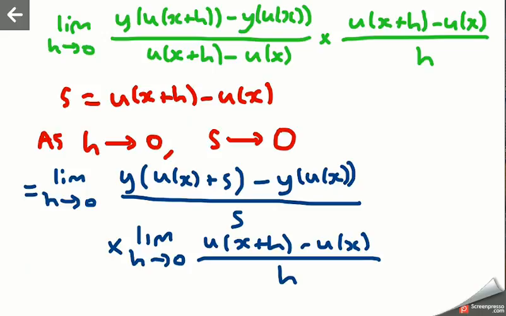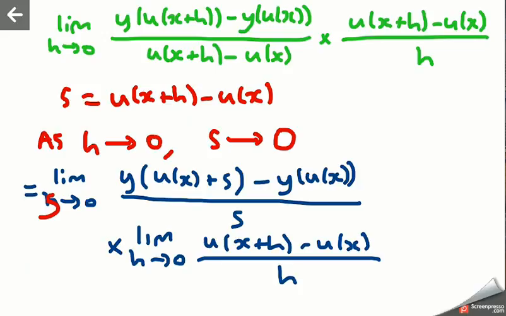Well, finally, we're going to use our last assumption. As h gets closer and closer to 0, this s gets closer and closer to 0. So actually, I don't even need to write h here. I can just write s, because as h gets closer and closer to 0, s is getting closer and closer to 0.